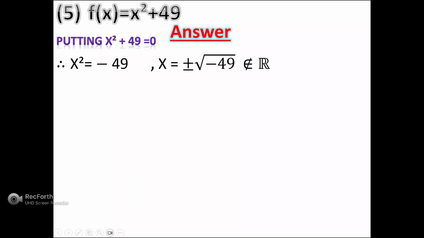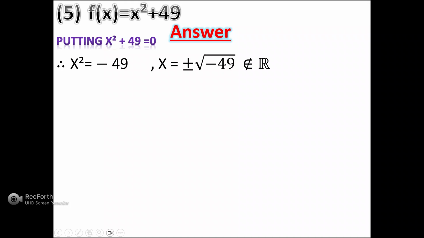Anyway, x power 2 equal negative 49. To find the value of x, we add the additive inverse of 49, negative 49, to the other side of the equation, so x power 2 equal negative 49. Now x has power 2.